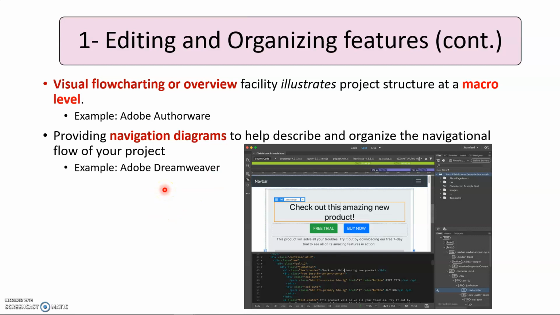Instead of using other authoring tools, you can use Dreamweaver, because you can easily see what is provided inside there as well. It provides navigation diagrams to help describe and organize the navigational flow of your project. So here is an example of Dreamweaver.